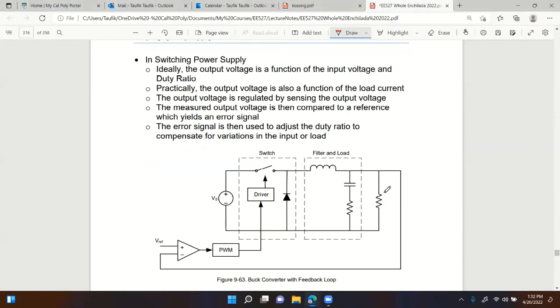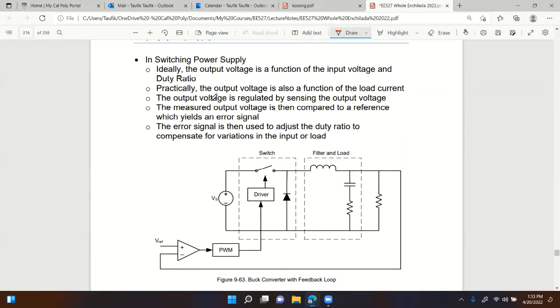The load current right here should also affect the duty cycle based on Ohm's law, right? The more current you draw through the load, the more drops you'll get across each component. So as you learned from last week, as we are stepping up the load current, voltage drops, by Ohm's law.